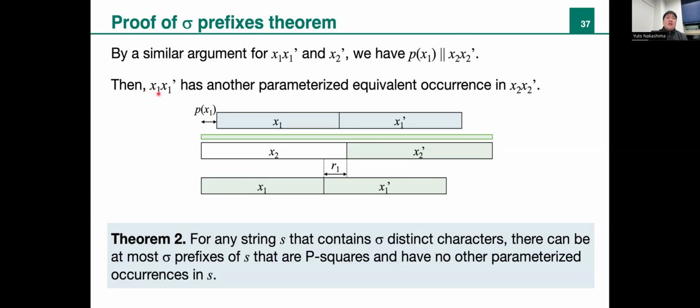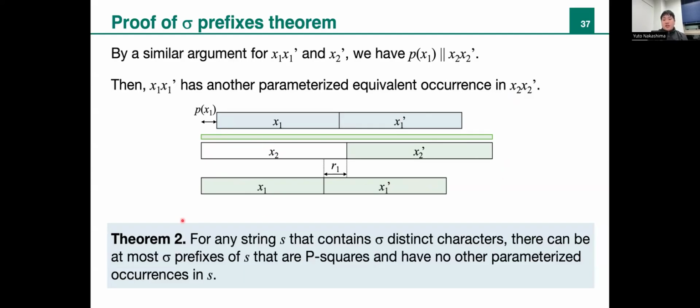So x1 prime has another parameterized equivalent occurrence in x2 prime, like this. We can copy this x1 prime by using a bijection. So there is a parameterized equivalent occurrence, and this is a contradiction.